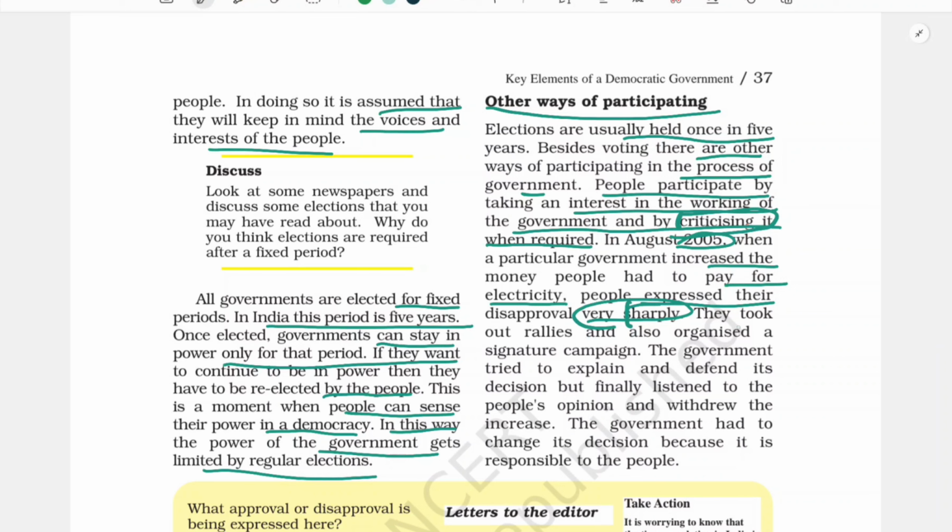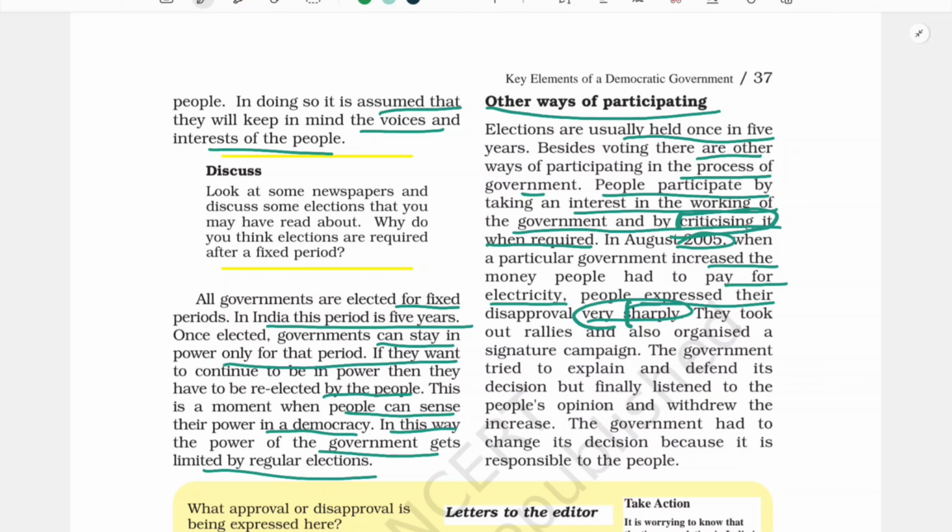He or she will be promising first the water, there will be proper supply of water, housing should be there, proper sanitation facilities would be there, and along with that they also announce that if you elect me, if I come into power, I'll reduce the electricity bill, or I'll give electricity for free for a period of time. Such things happen.